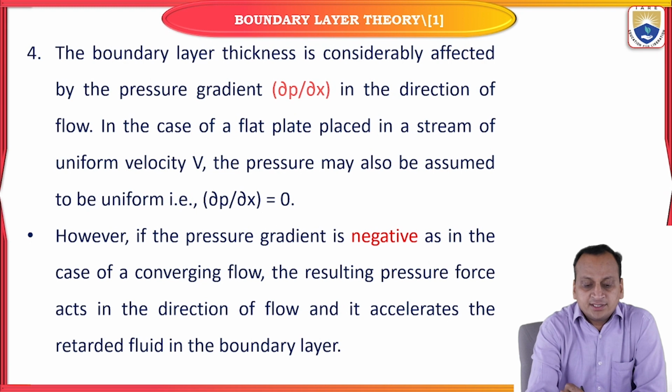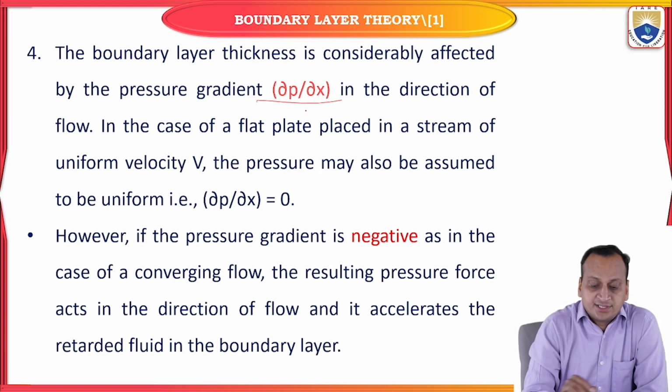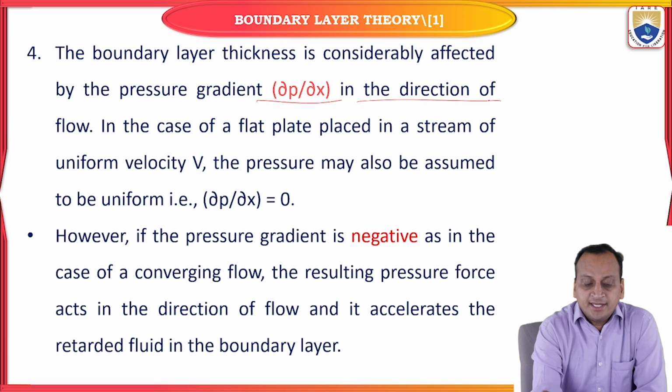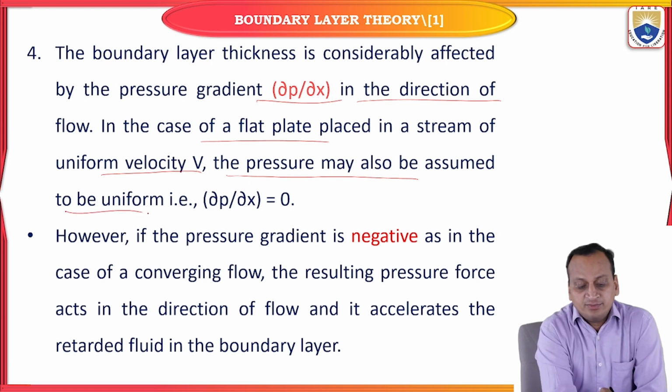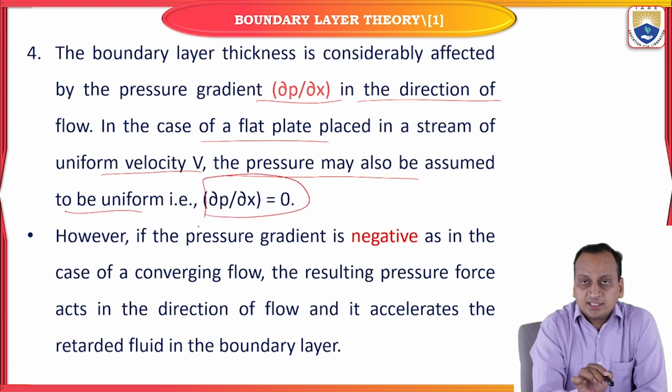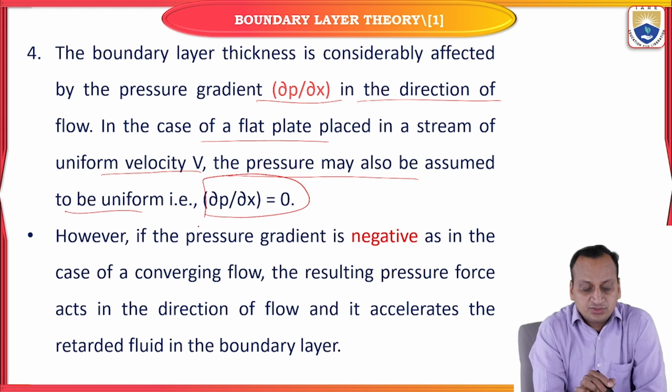The boundary layer thickness is considerably affected by the pressure gradient, dou P by dou x, the change in pressure over a distance in the direction of flow. In this case, a flat plate is placed in a stream of uniform velocity U. The pressure may also be assumed to be uniform, so dou p by dou x is equal to 0.